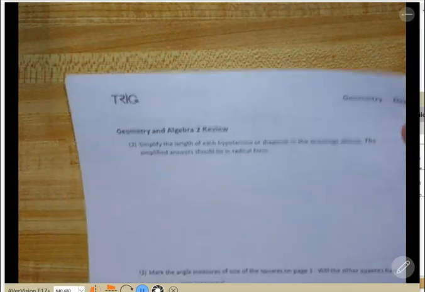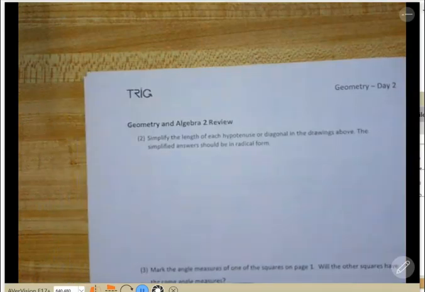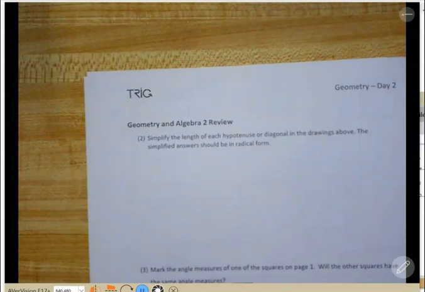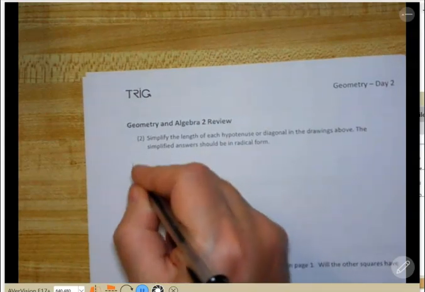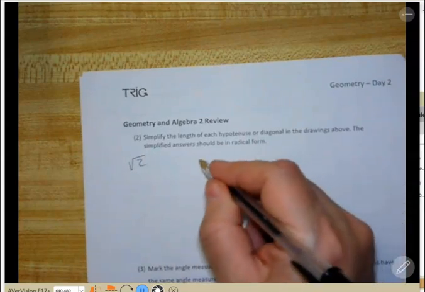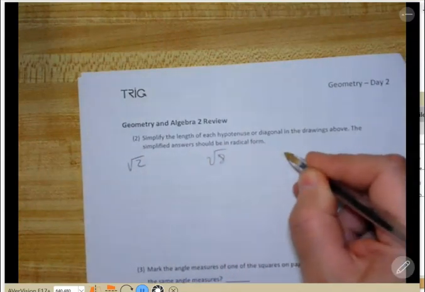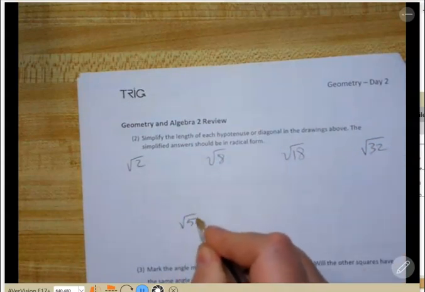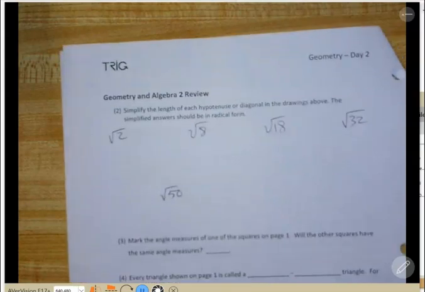All right. Next problem here, they're asking you to take these answers, these square roots, and actually simplify them. So you have the square root of 2, the square root of 8, the square root of 18, the square root of 32, and then the square root of 50.